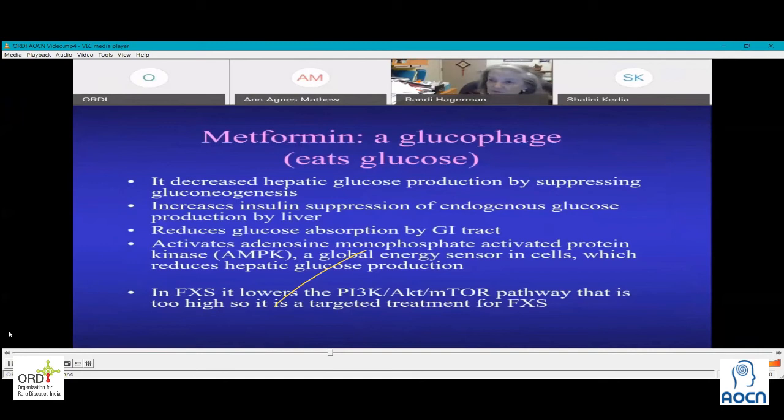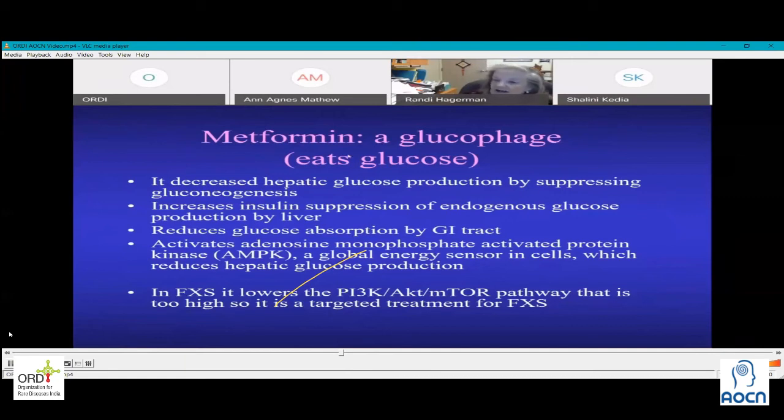I want to talk a little bit about metformin, which is a widely available medication used to treat type 2 diabetes. It's also used to treat obesity. It is a glucophage, which means it eats glucose. That means it lowers the level of glucose in the blood. This is particularly important if you have diabetes, but the insulin receptor is overactive in Fragile X syndrome, and so this downregulates that insulin pathway.